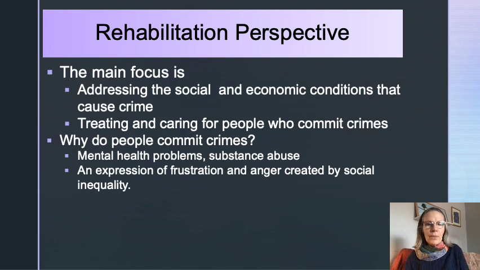They also think that people commit crime because it is a reflection of the inequality within a society or a community. They basically say that crimes are an expression of the frustration and anger created by social inequality.